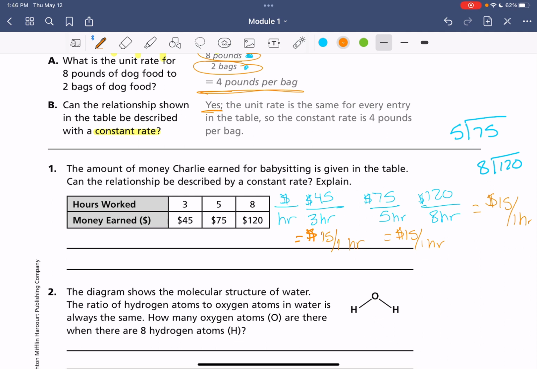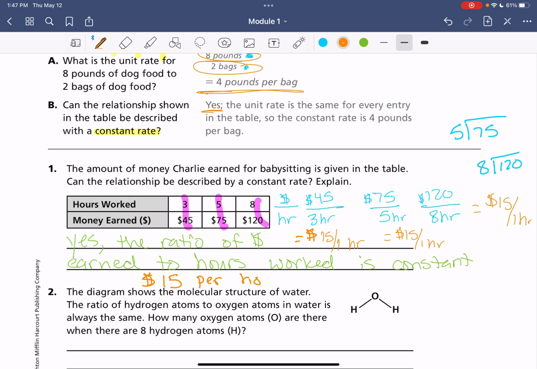So what we got is, yes, the ratio of dollars earned to hours worked is constant. For every part of our table that's given, it is the same amount. And that is $15 per hour.